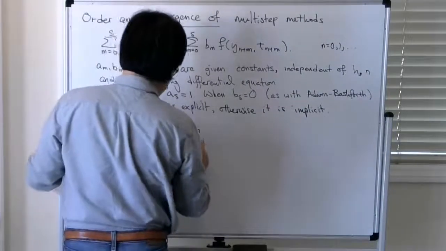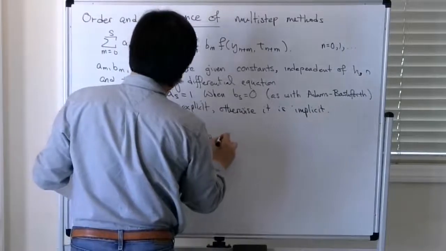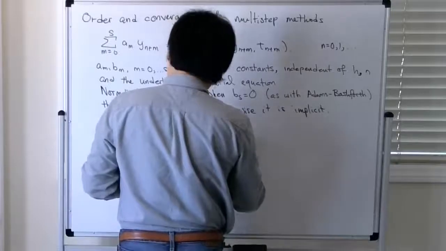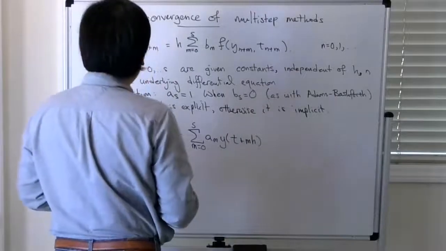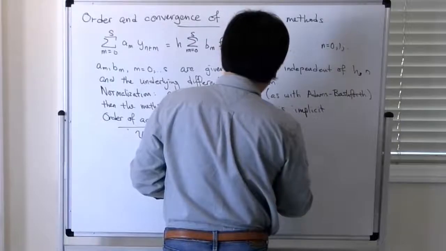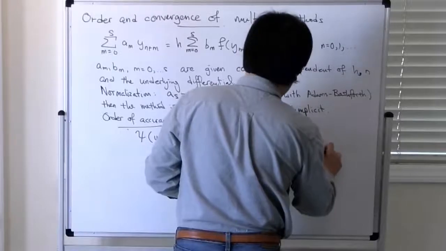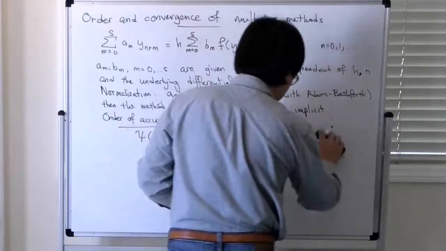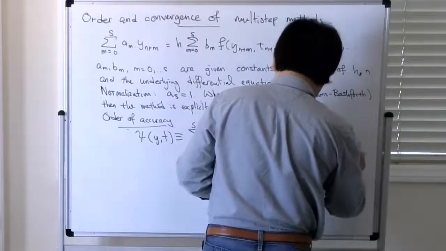Okay, so this is a sum from m equals 0 to s of a_m y evaluated at t plus mh, minus h times the sum from m equals 0 to s of b_m f, well, I'm just going to write it in terms of y prime, so b_m y prime at t plus mh.